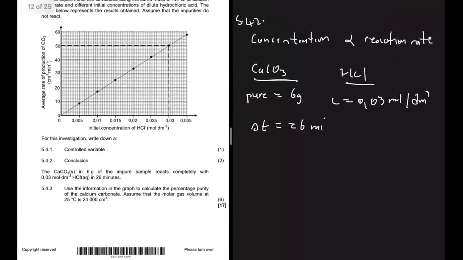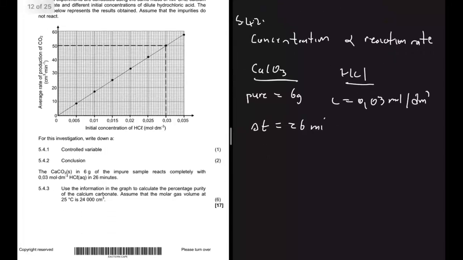And then 5.4.3 goes on to say, use the information in the graph to calculate the percentage purity of the calcium carbonate. So we want to calculate the mass of the impure calcium carbonate, and then after we do that, we can go back and calculate the percentage purity.